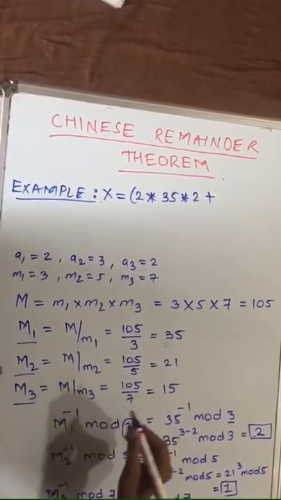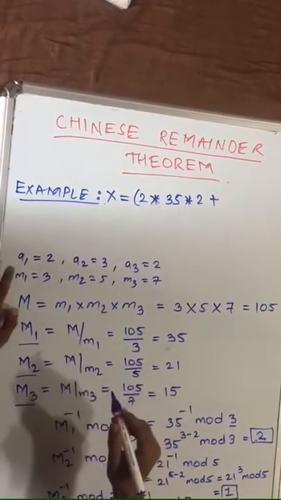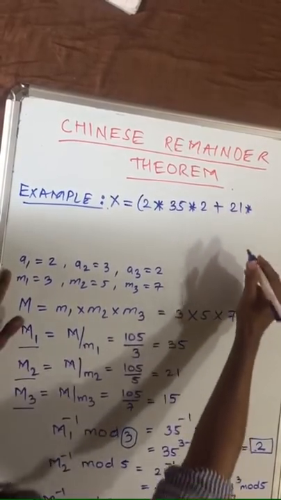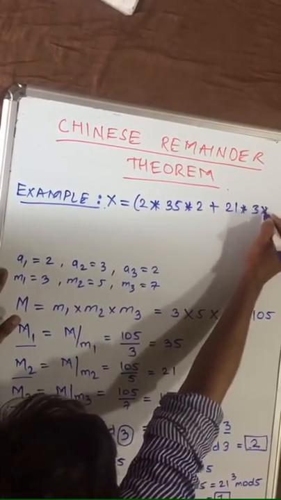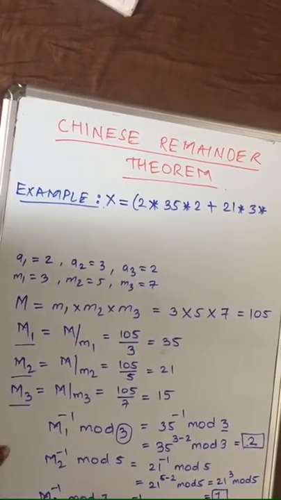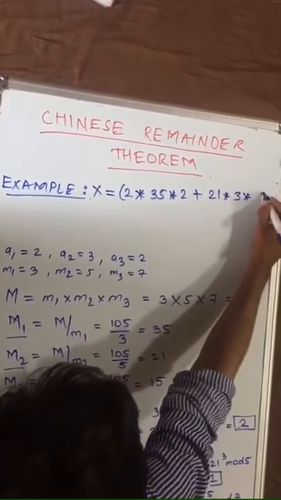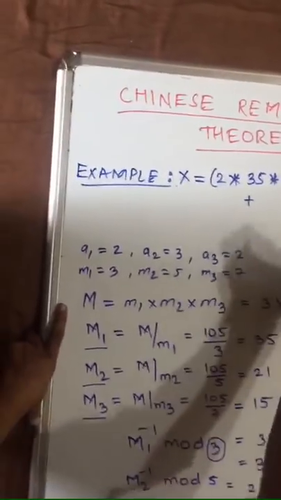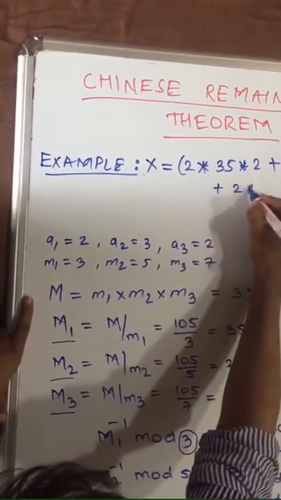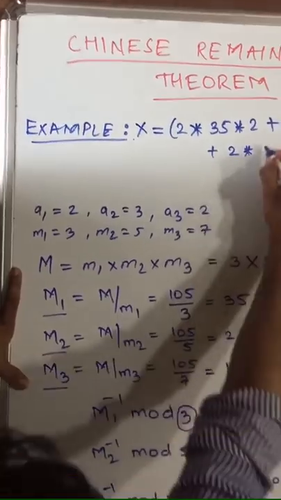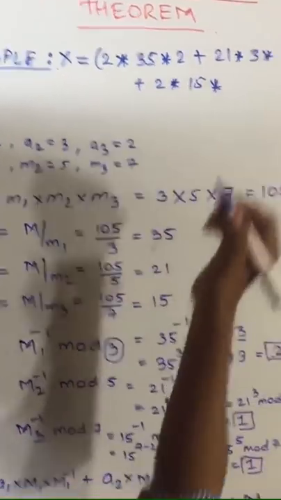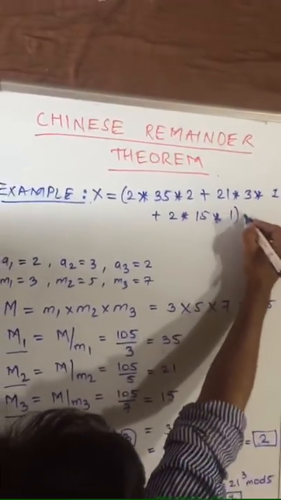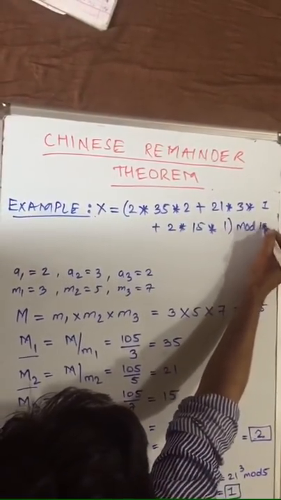Now just add one by one. Capital M2 is 21, into A2 which is 3, and M2 inverse is 1. Now for M3, A3 into capital M3 into capital M3 inverse will be equal to 1, mod 105.